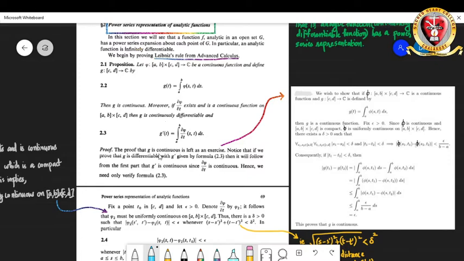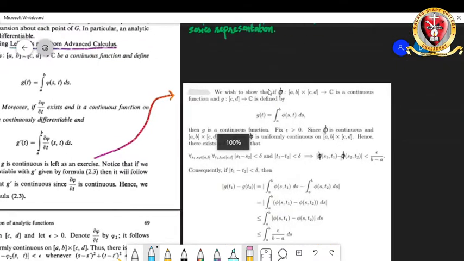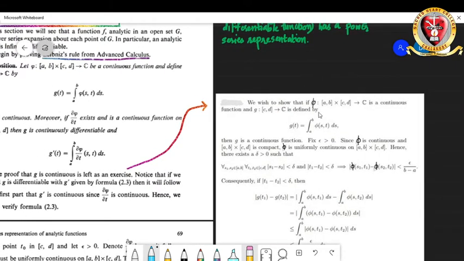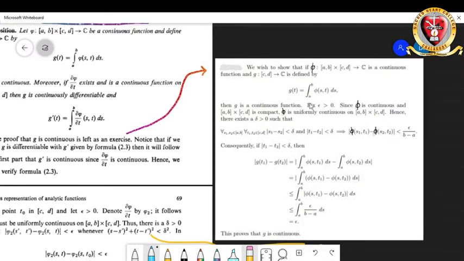First, we'll prove g is continuous. For that, we are assuming the hypothesis that phi from [a,b] cross [c,d] to C is continuous. Fix epsilon greater than 0.